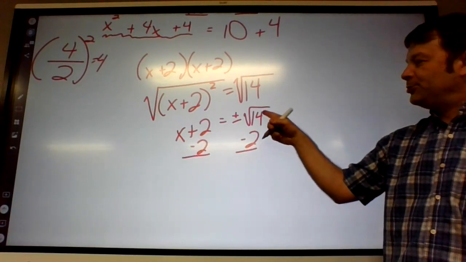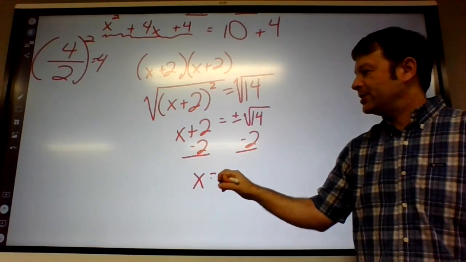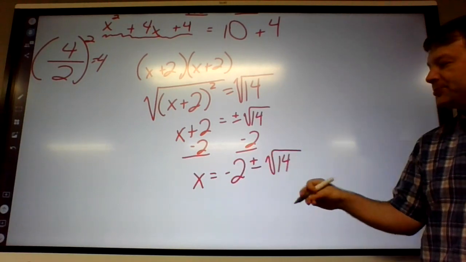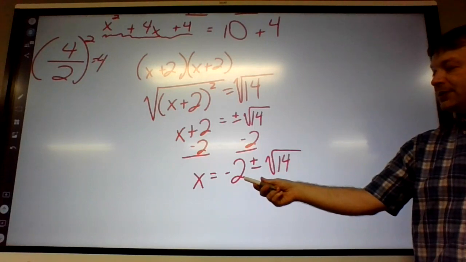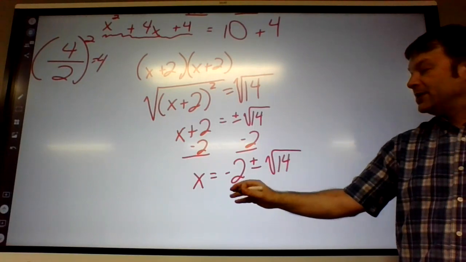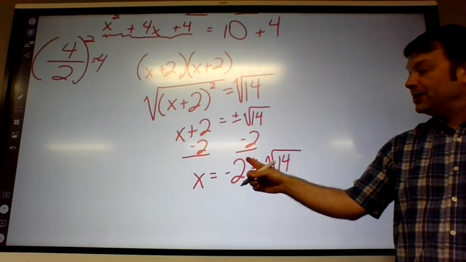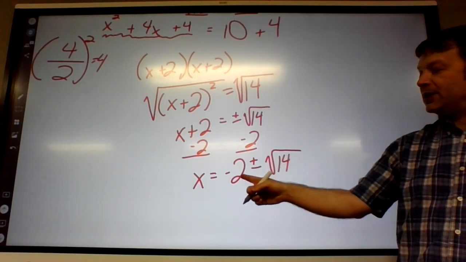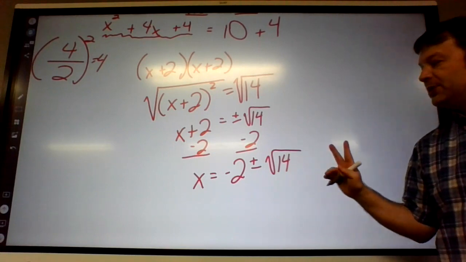Okay, does minus 2 mix with that? It does not. You could change it to a weird decimal, but it's just a big mess, as it's an infinite decimal. So that's as good as we can get it. This represents two numbers. It's negative 2 plus square root of 14 and negative 2 minus square root of 14. It's two different answers.